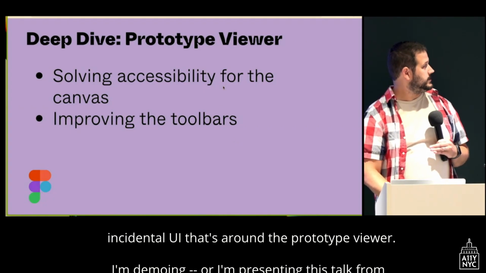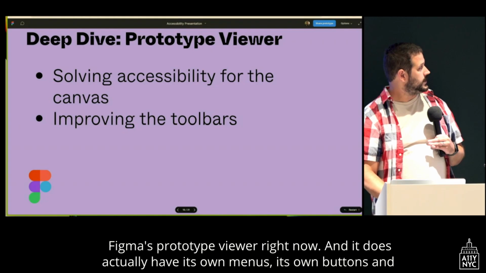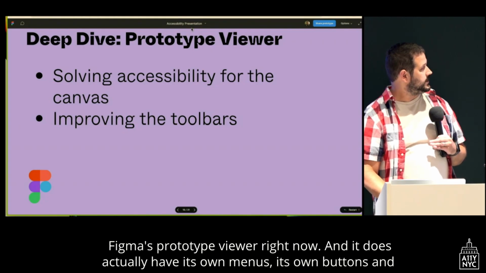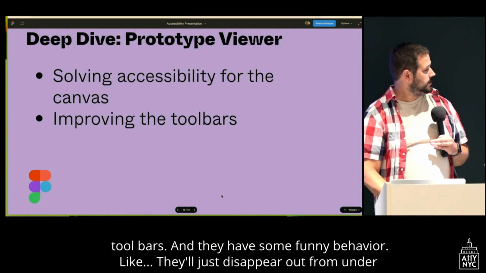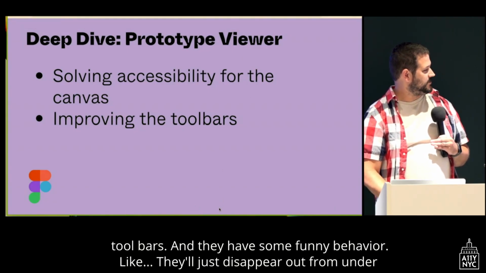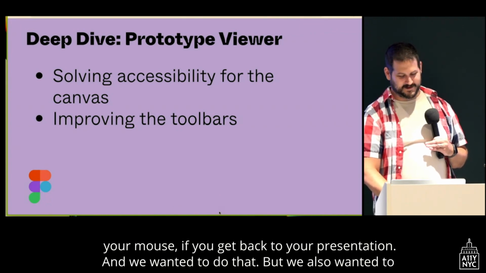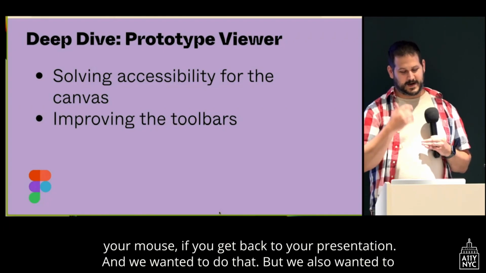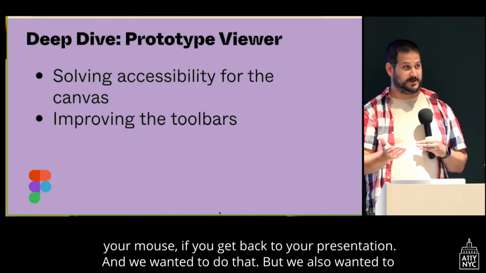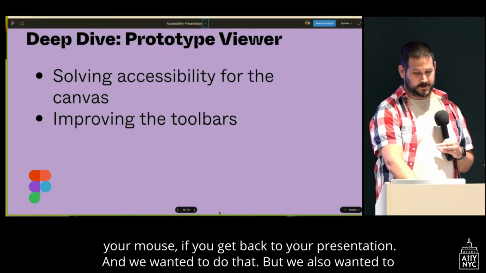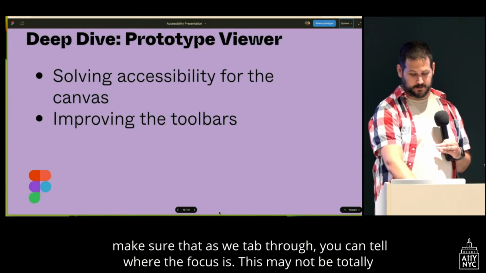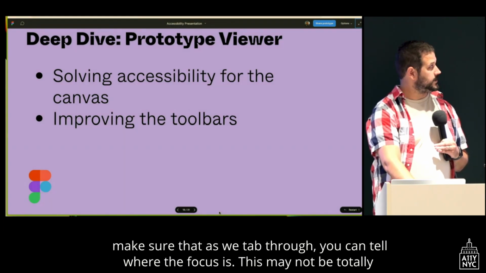I'm presenting this talk from Figma's prototype viewer right now. And it does actually have its own menus, its own buttons and toolbars. And they have some funny behavior, like they'll just disappear out from under your mouse and let you get back to your presentation. And we wanted to do that, right? But we also want to make sure that as we tab through, you can tell where the focus is.